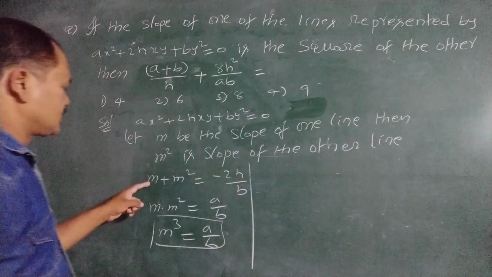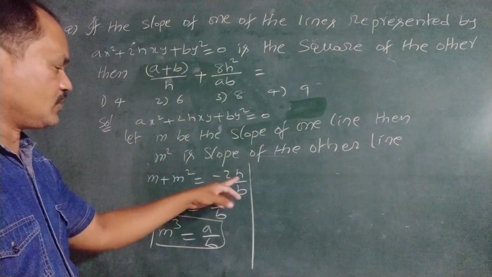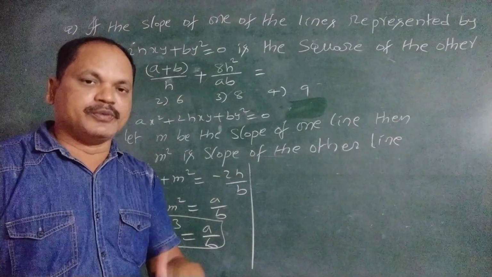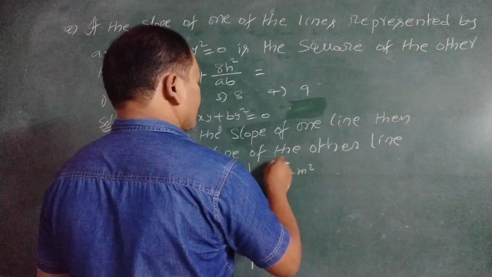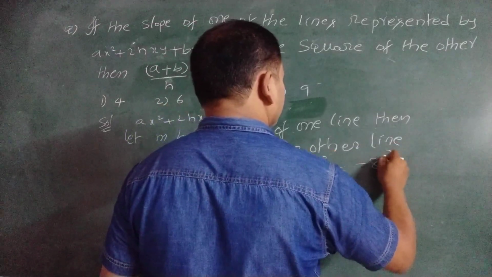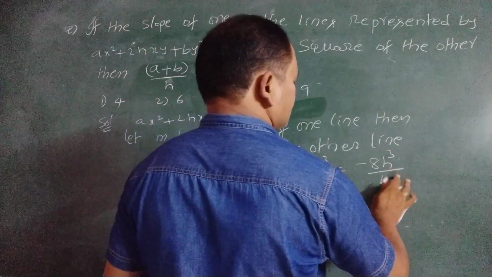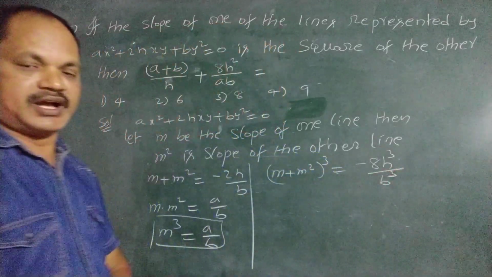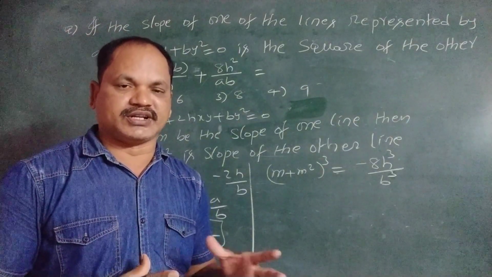Now we take m + m² = −2h/b and apply cubing on both sides. Then (m + m²)³ is equal to −8h³/b³. Are you clear? We know the formula for (a + b) whole cube, which is the algebraic formula.